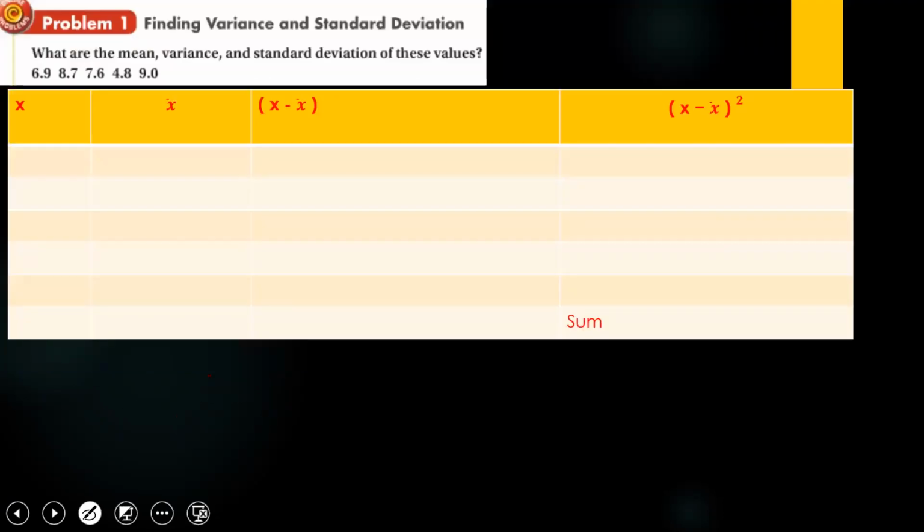Let's have an example now to see how we can find the variance and the standard deviation step by step. What are the mean, variance, and standard deviation of these values?